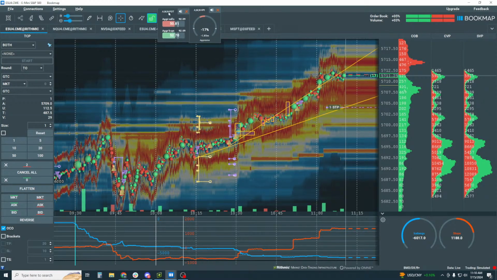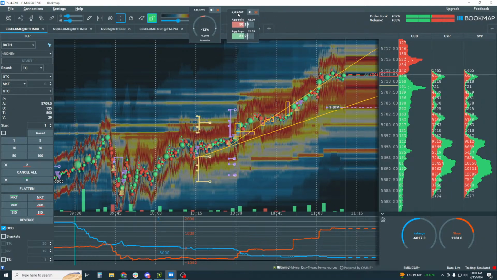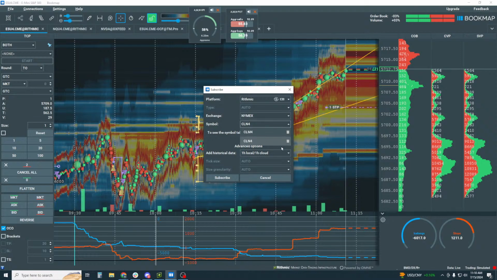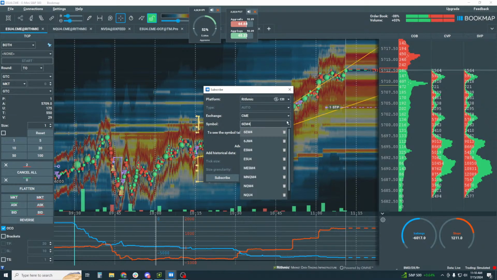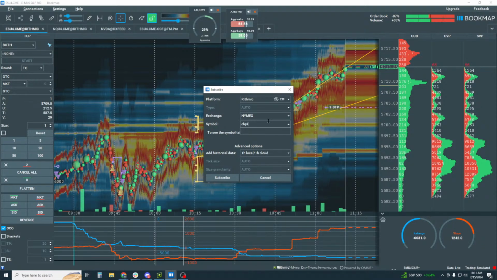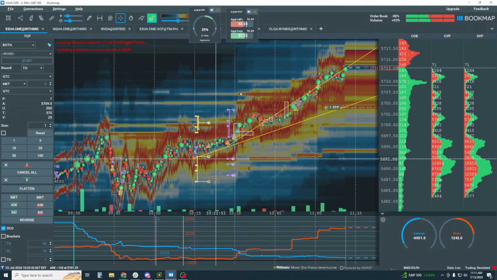I just have to make sure I check in on that one. Is it loading? Shoot, what did I do here? Oh, CME, that's why. Okay. Here, we can delete these. CLQ4, go.